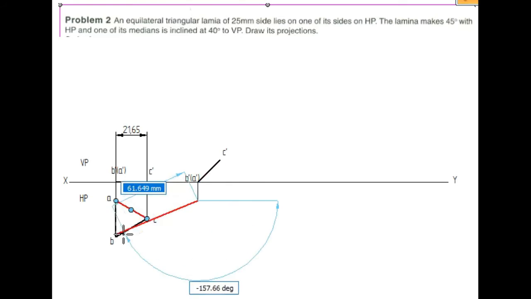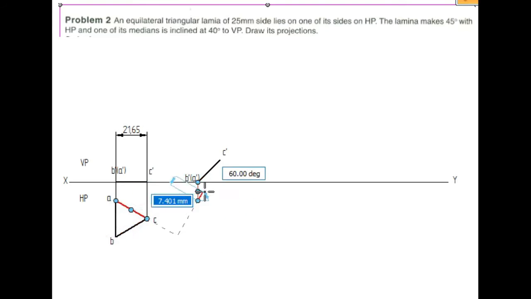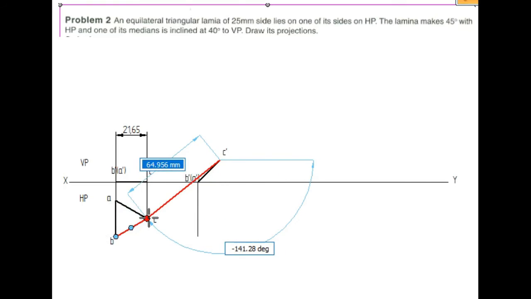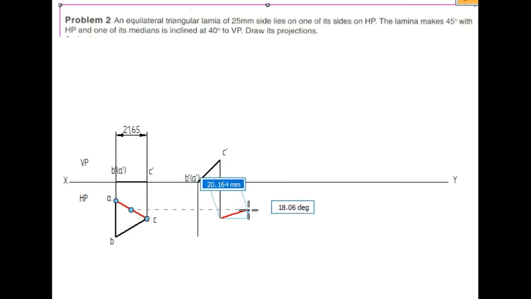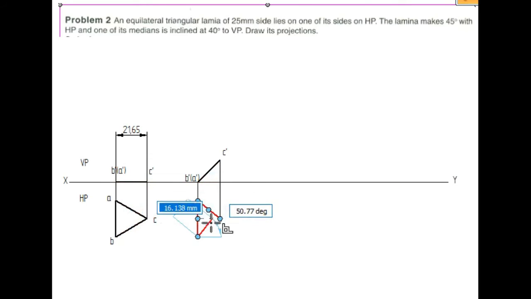So from this point, B dash to B. Yes, next from C dash to C. So I got the 3 points and I will join the points to get the top view of the equilateral triangular lamina at the second position when the plane is inclined at an angle of 45 degree.